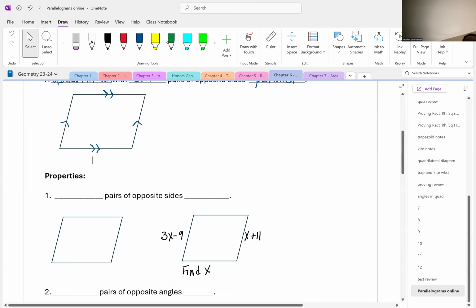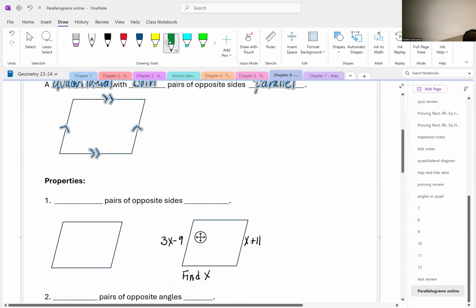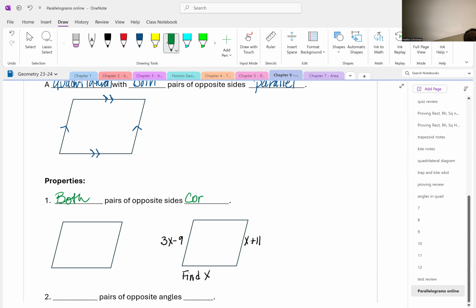And the first one is both pairs of opposite sides are congruent, meaning, and when we mark congruent, we put dashes, the left is congruent to the right and the top is congruent to the bottom.